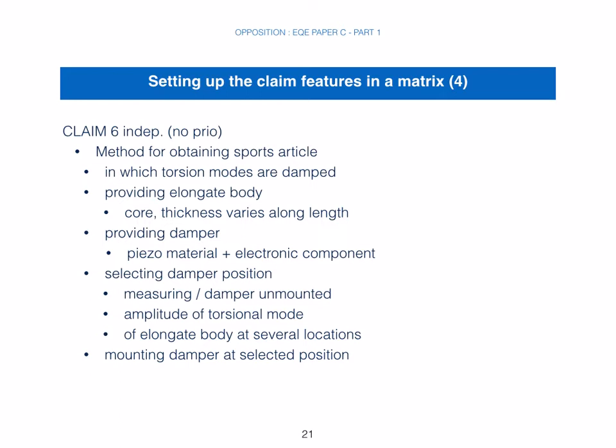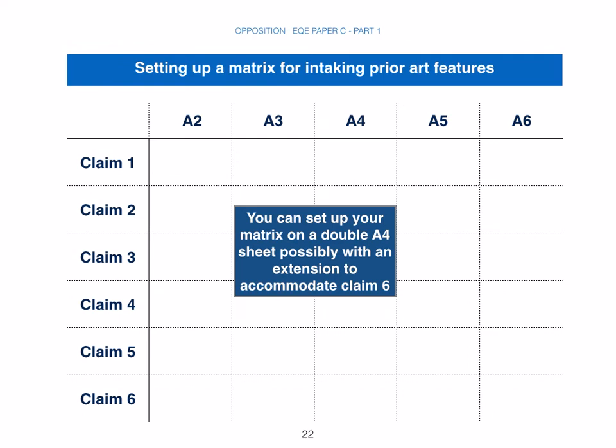So next we'll have a look at the layout for setting up the matrix for inputting prior art features. Here you can see the matrix. You can set it up on a double A4 sheet, possibly. On the left is a column where we list the claims, where I've written claim 1 to claim 6, in fact, we insert all of the features of the claims, so each claim feature will have a horizontal line corresponding to it.